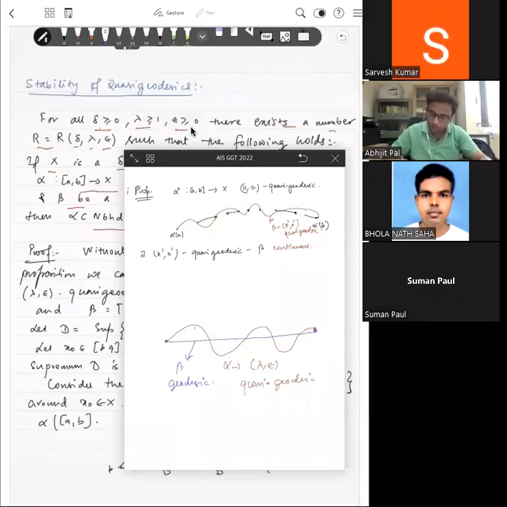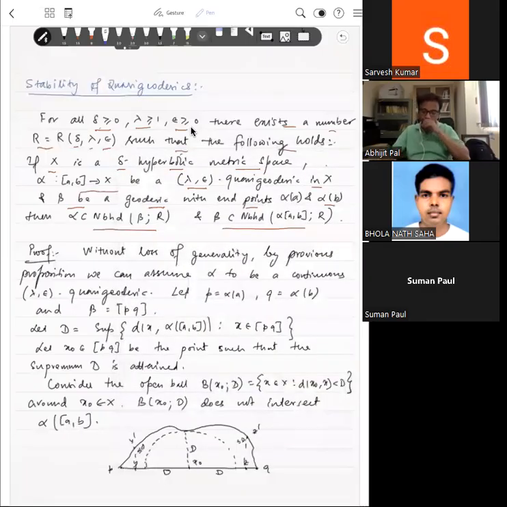Okay, so they will lie in a bounded neighborhood of each other. So you have a uniform bound, this R. So R will depend on this delta, which is the hyperbolicity constant of this metric space, and on lambda and epsilon. Okay, so they will lie close to each other.